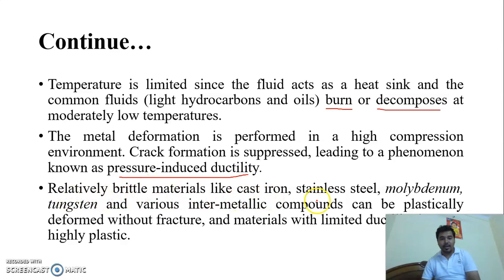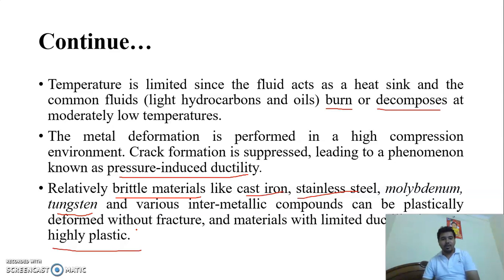Relatively brittle materials like cast iron, stainless steel, molybdenum, tungsten, and various intermetallic compounds can be plastically deformed without fracture, and material with limited ductility becomes highly plastic. As I said, in this process we can form brittle materials like cast iron, stainless steel, molybdenum, tungsten without any type of lubricant, because we have a fluid.